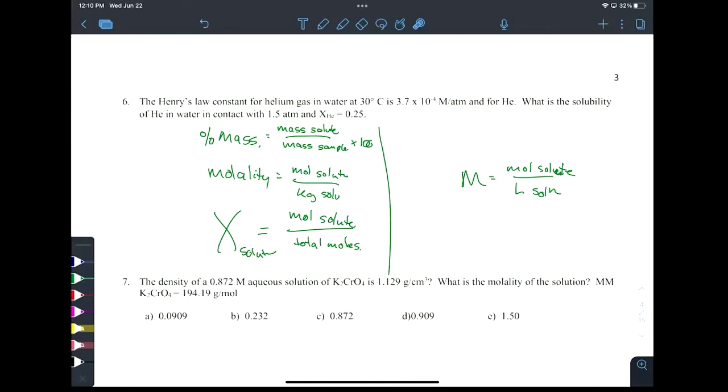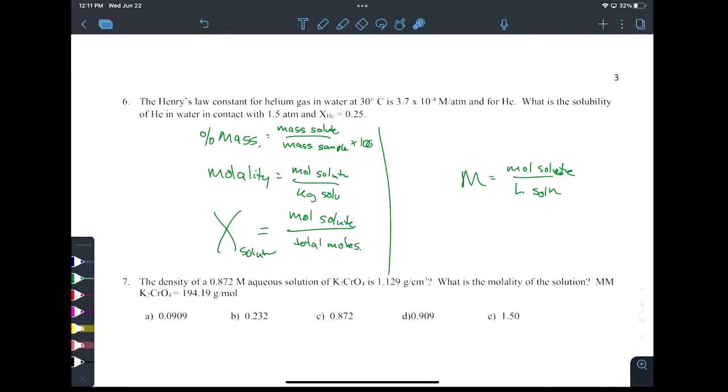They're additive. Your mass of your total sample is your mass of your solute plus the mass of your solvent. The total moles of your sample is the moles of your solute plus the moles of your solvent.